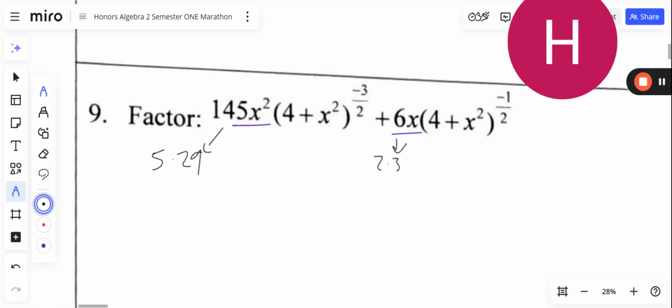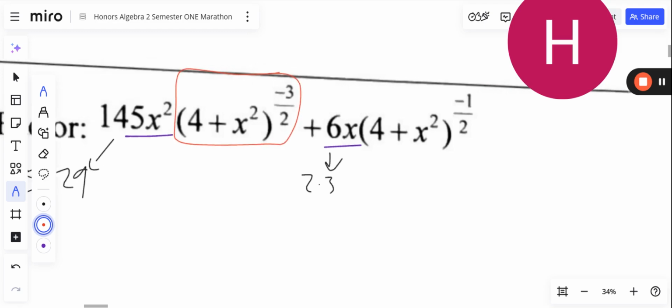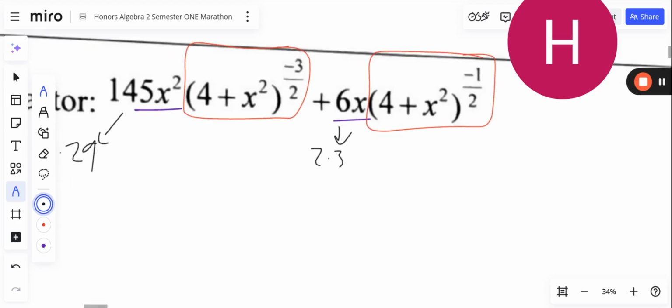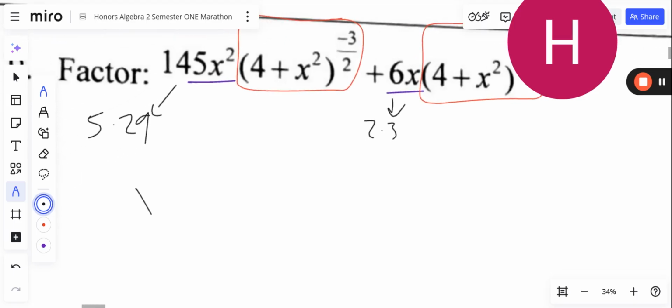The real tricky thing here, though, is that we're going to have to take out the smallest exponent. And when we do that, you have to realize that the smallest exponent is negative 3/2. You also have to realize that when we factor out this smallest exponent term, so we're going to take out x, and we're also going to take out 4 plus x squared to the negative 3/2, we're basically dividing this factor out.